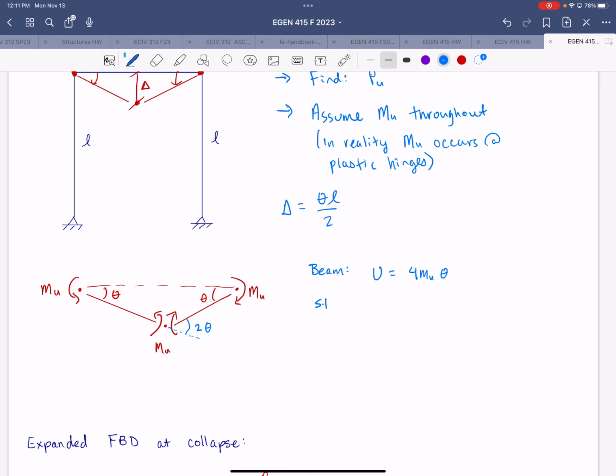I'll note here, this is the strain energy due to internal moment MU, where MU works to keep the hinge lines vertical, or in other words, it works to resist the collapse.